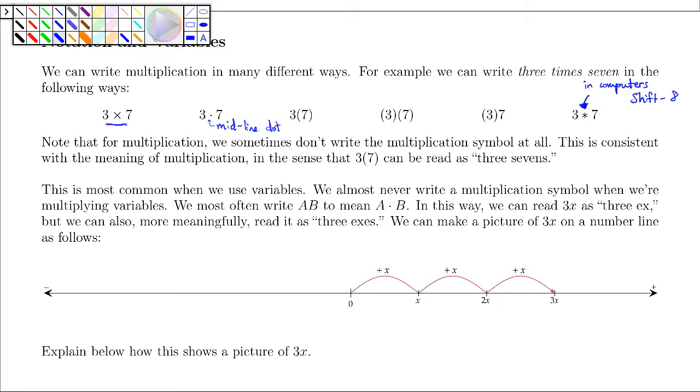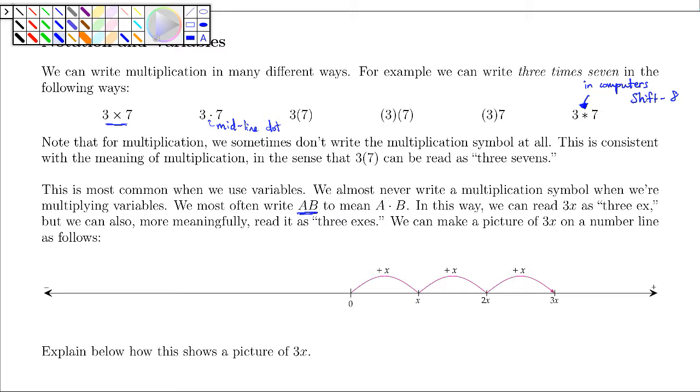So I would write AB to mean A times B. I wouldn't actually put a symbol in between them unless there was some question in the context where I needed to clarify that this is definitely multiplication, and I wanted anybody who was reading it to know unambiguously that this is multiplication. But in general, we just write those symbols next to each other to indicate this means multiplying the quantity A times the quantity B.